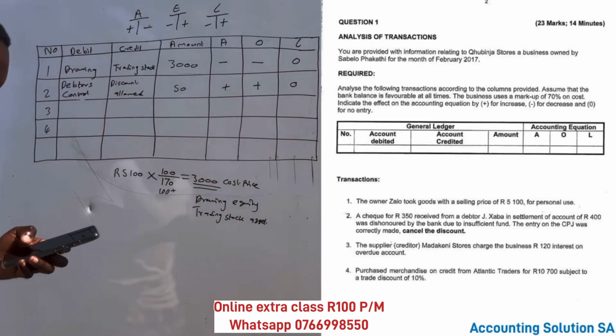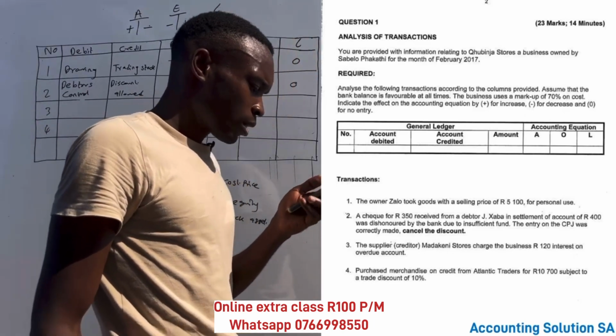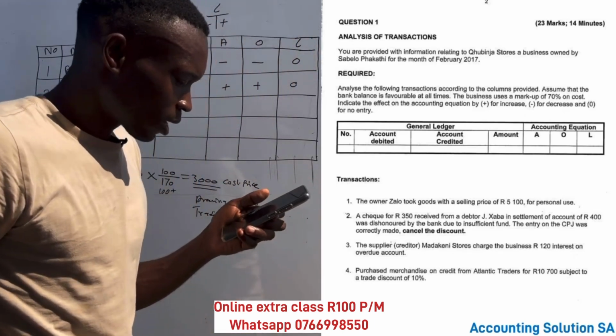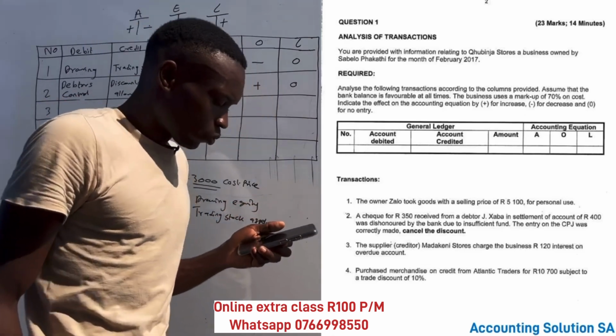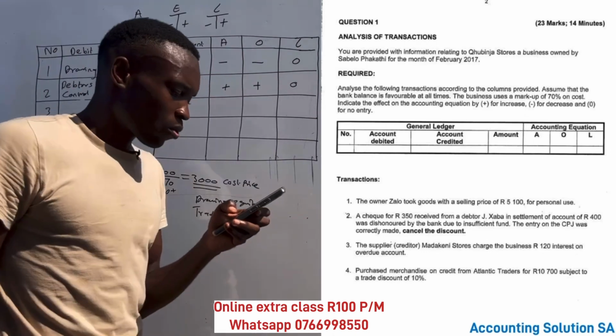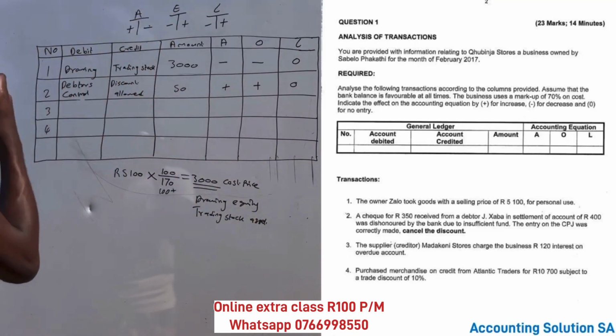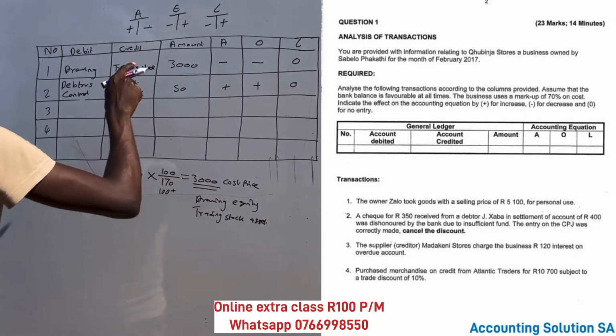The next one: the supplier Madakeni Store charged the business 120 interest on an overdue account. They charge us interest on an overdue account, which means we are going to face more interest and more liabilities. Where do we record the expense?